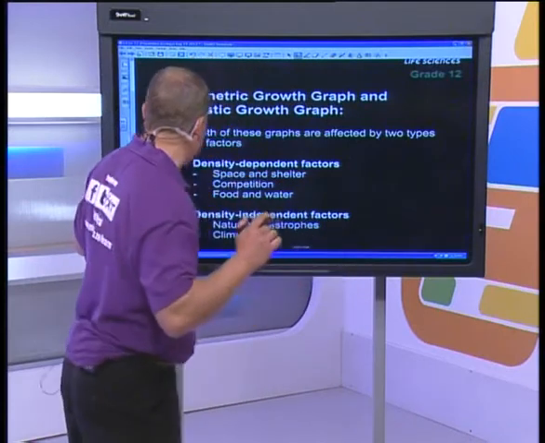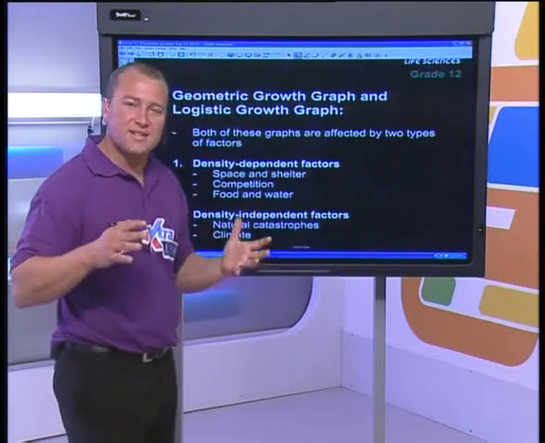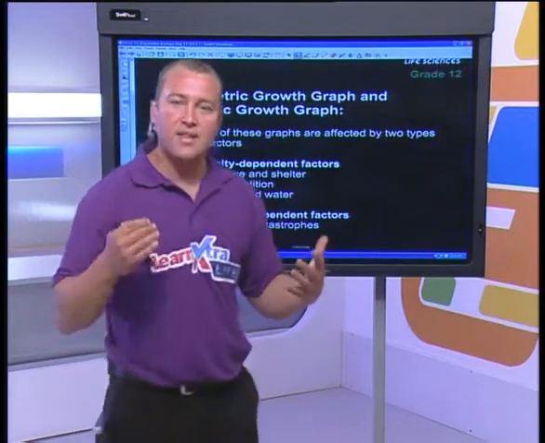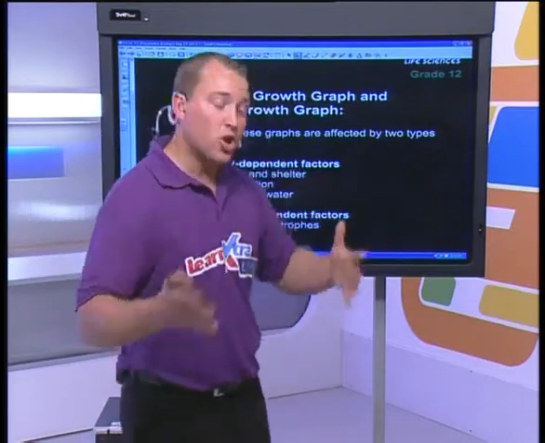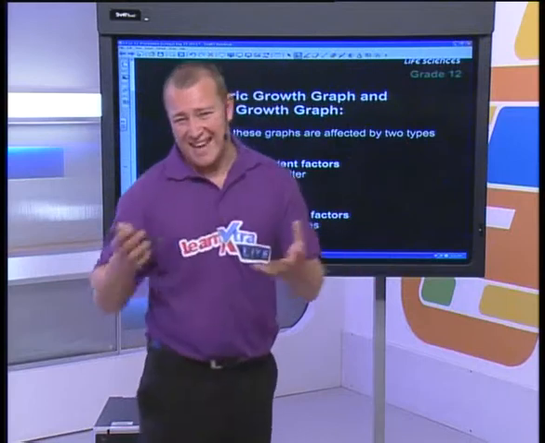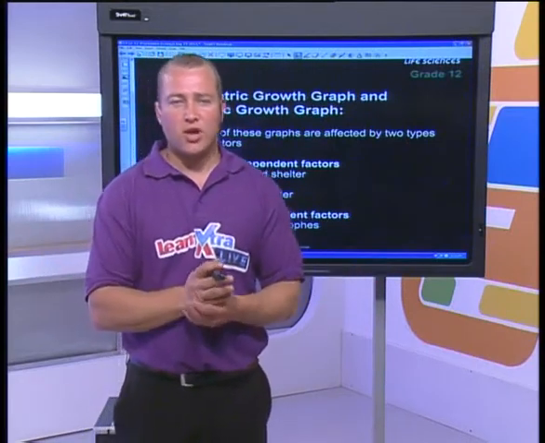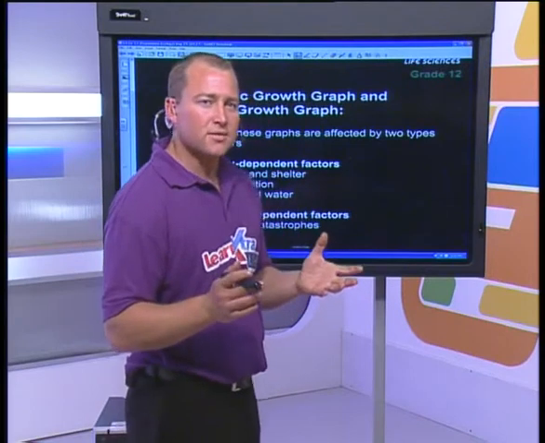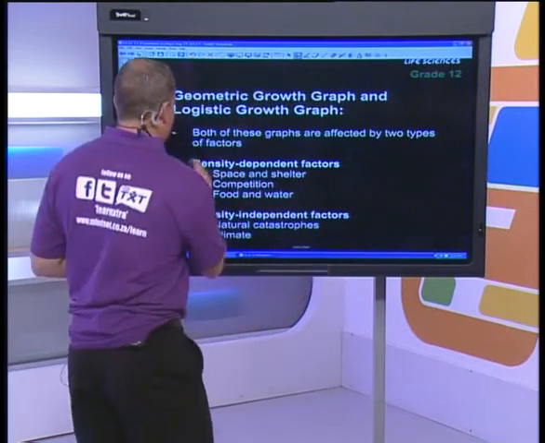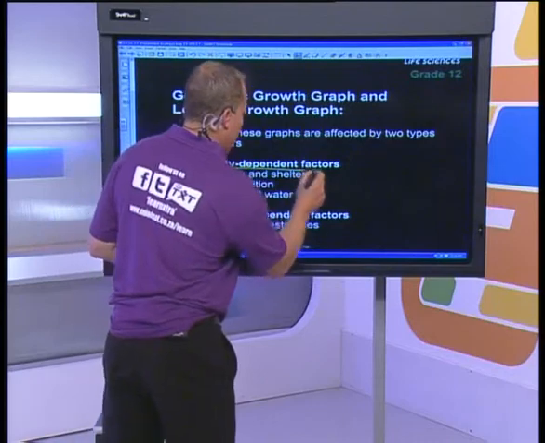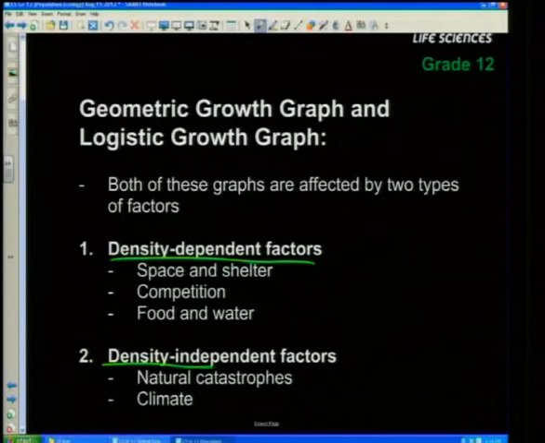Okay, so let's have a look. We've got two factors that influence how these animals survive: the dependent factors and the independent factors. Now, dependent factors. Can you think of anything that is dependent? What does dependent factors mean? And what do independent factors mean?